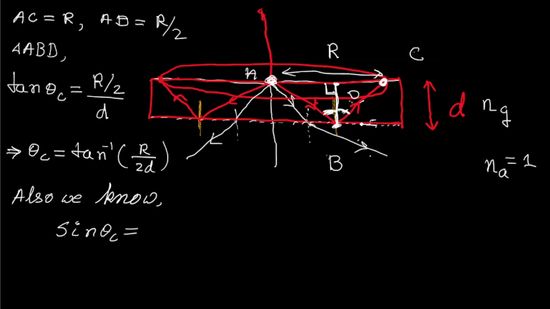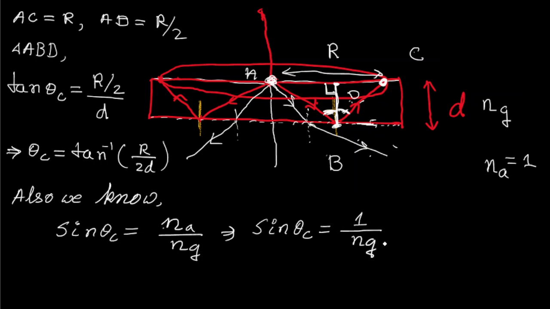For this interface, the rarer medium is air and the denser medium is glass. So sine theta c is equal to the refractive index of air divided by the refractive index of glass.